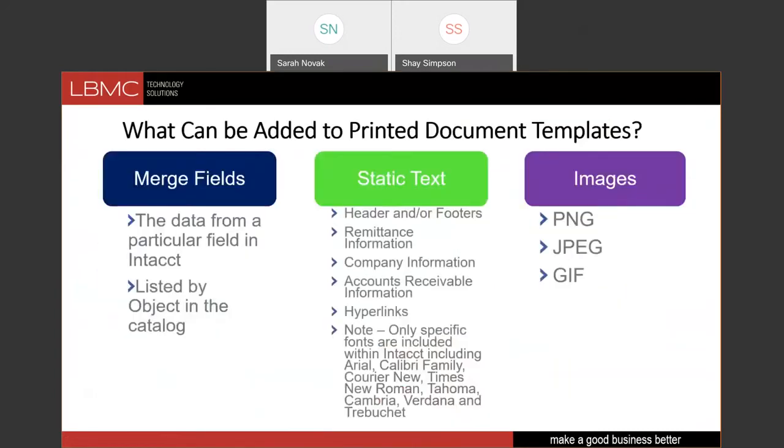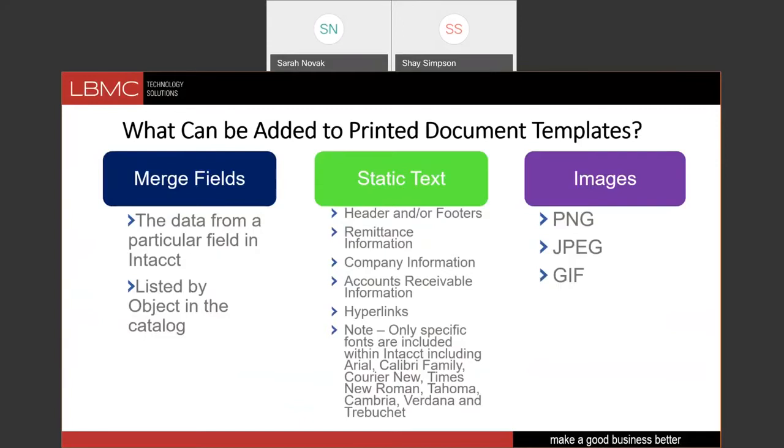All right, so what can be added to these document templates? Obviously, we're going to be looking a whole lot at the merge fields today. What that's going to do is pull that data in from Sage Intacct into the Microsoft Word template. We're going to be able to add static text, so obviously our headers and footers, any type of remittance information that you want to supply to your customers, company information, accounts receivable information, and hyperlinks.